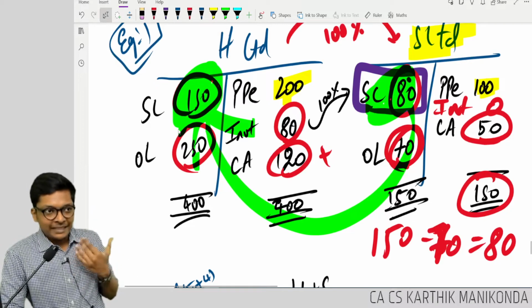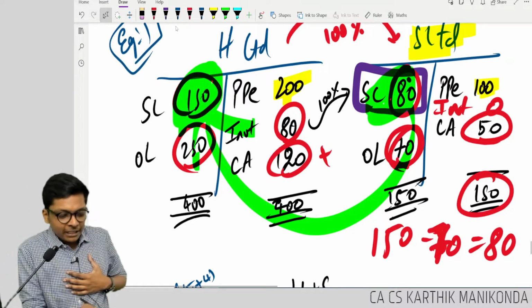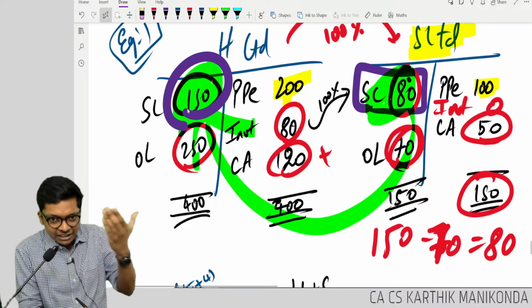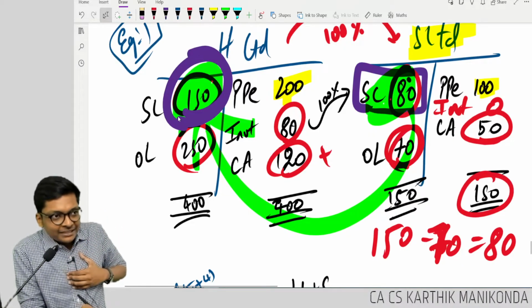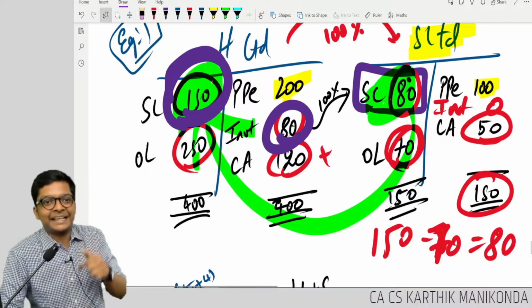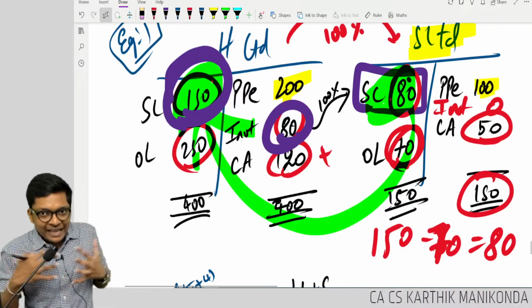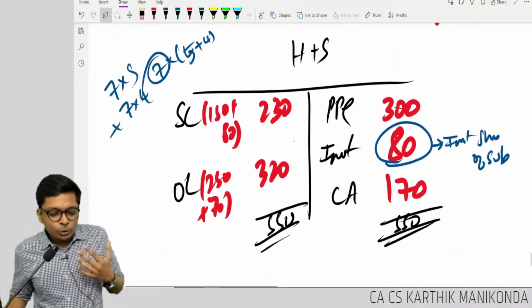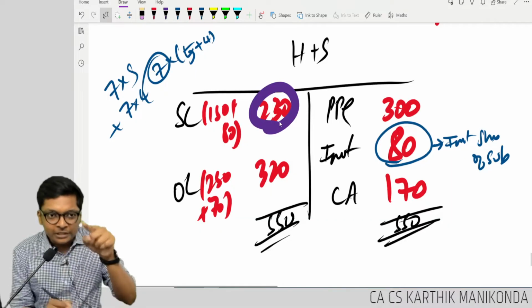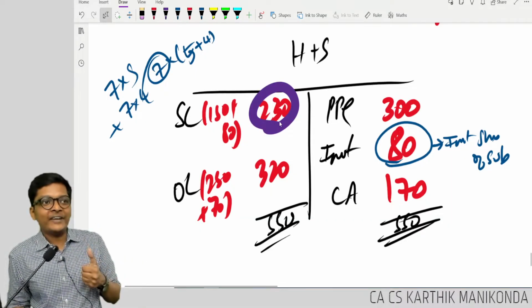Let me repeat. H Limited got 150 first. Anjana gave 150. With this 150 only, I invested 80, correct? But if I add both, the user will think Anjana gave 230. Is it true and fair?